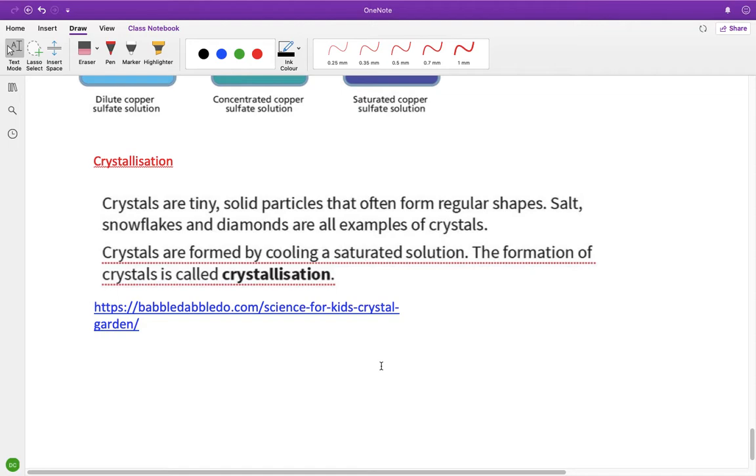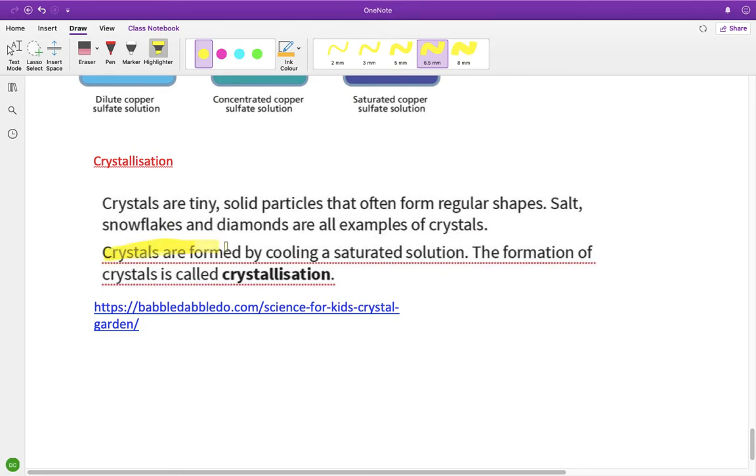But once you reduced the temperature of the water by putting it into the freezer, then the water's solubility went way down. So it just wasn't able to dissolve any more salt. So it started pushing the salt out of the solution, and then the salt formed on the bottom of the beaker as crystals, and that's crystallization. Okay, so that process we kind of watched the other day. We just didn't talk about the words around it.